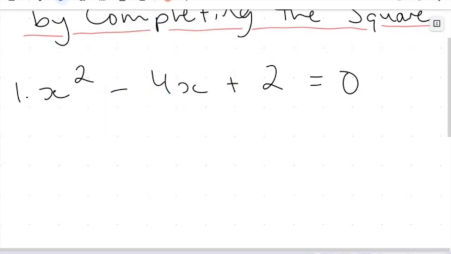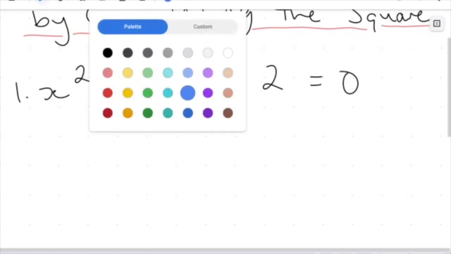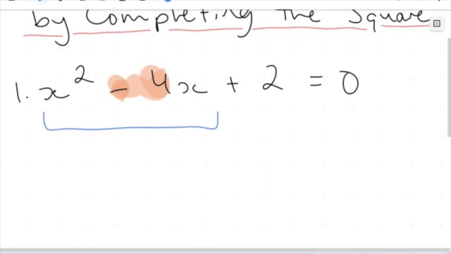If you remember from the previous videos, we need to do something with this middle coefficient of x and add it at the end, which will give me a perfect square factorization.